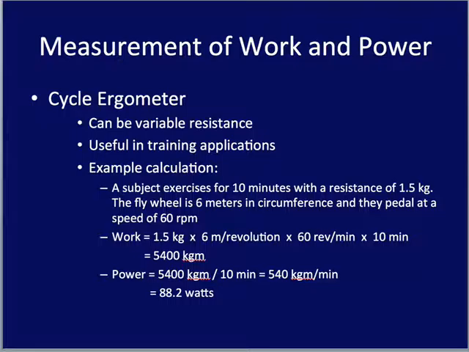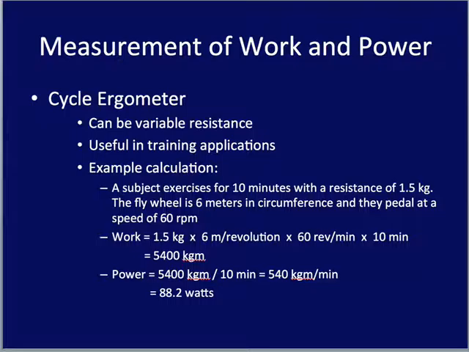So if we look at the work, we have a force of 1.5 kilograms multiplied by the distance. So we have 6 meters for every revolution. And every minute we have 60 revolutions. And the exercise lasted for 10 minutes. So we have 5,400 kilogram meters.